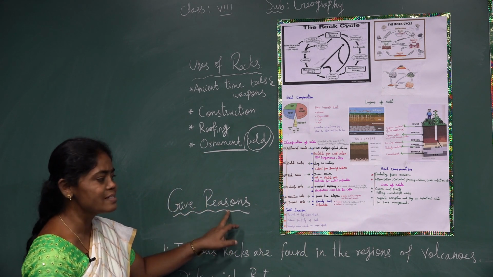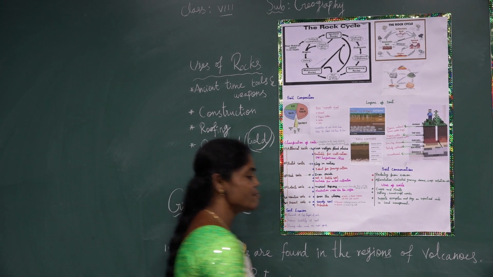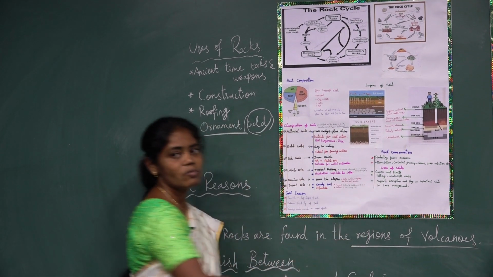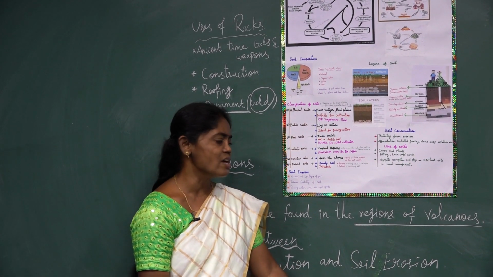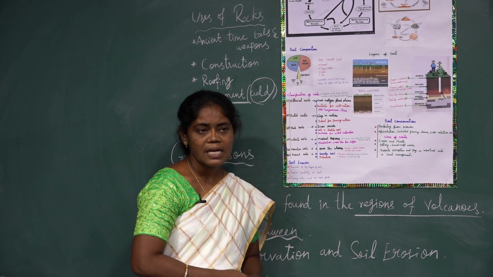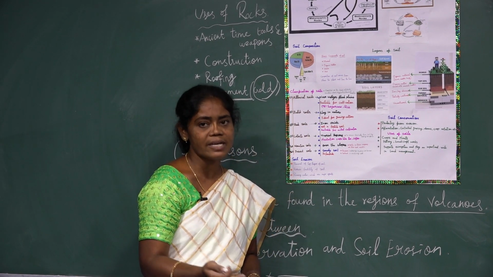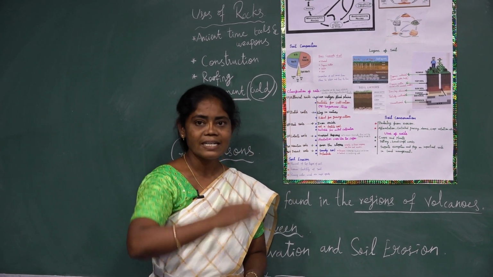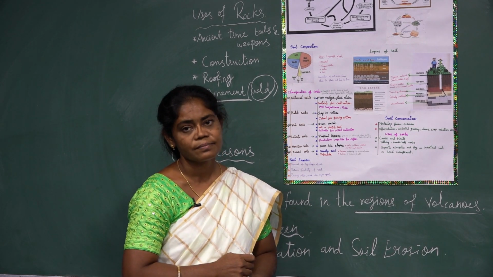Give reasons. Igneous rocks are found in the regions of volcanoes. What is the reason why igneous rocks are found in the regions of volcanoes? Actually, we have seen that the molten magma comes out in the weaker section, and it cools down on the surface of the earth.